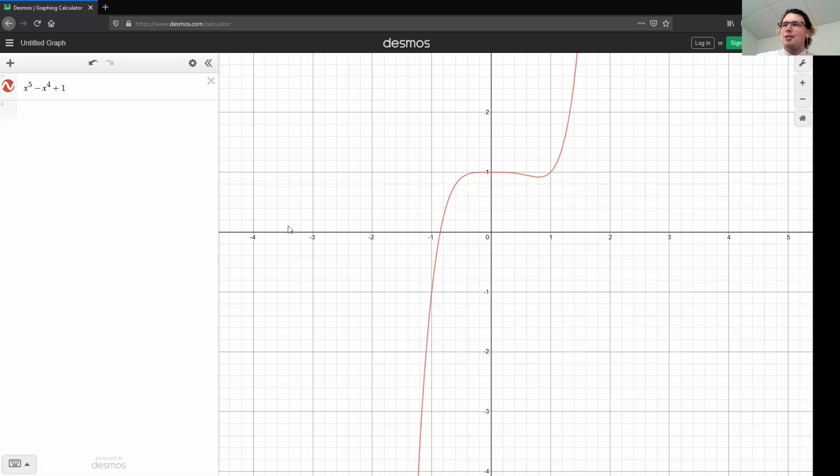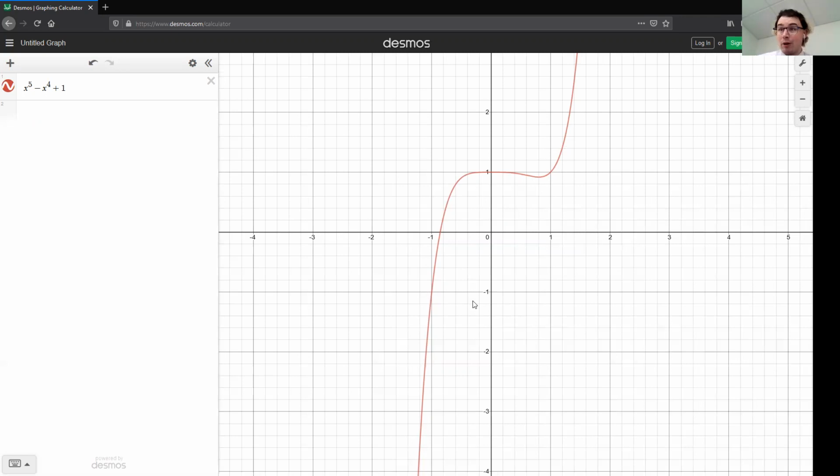So if I want to zoom in on a root, all I need to do is to find one place where the function is negative, find another place where the function is positive, and in between those, somewhere, because of the intermediate value theorem, the function must be exactly equal to 0.